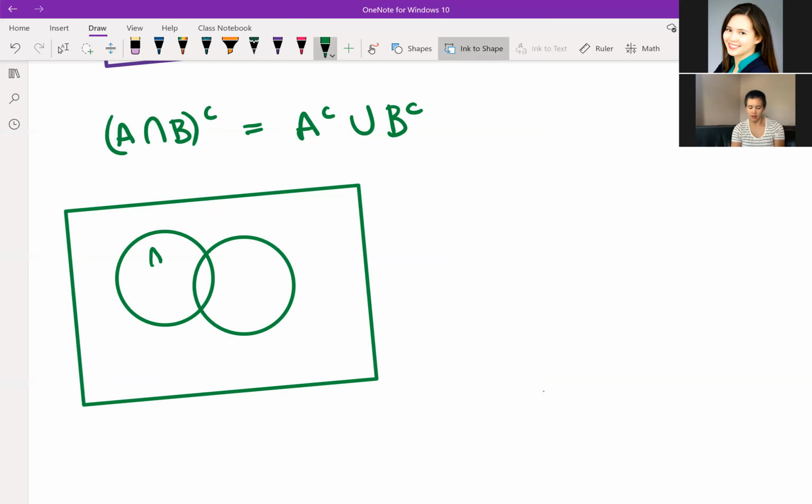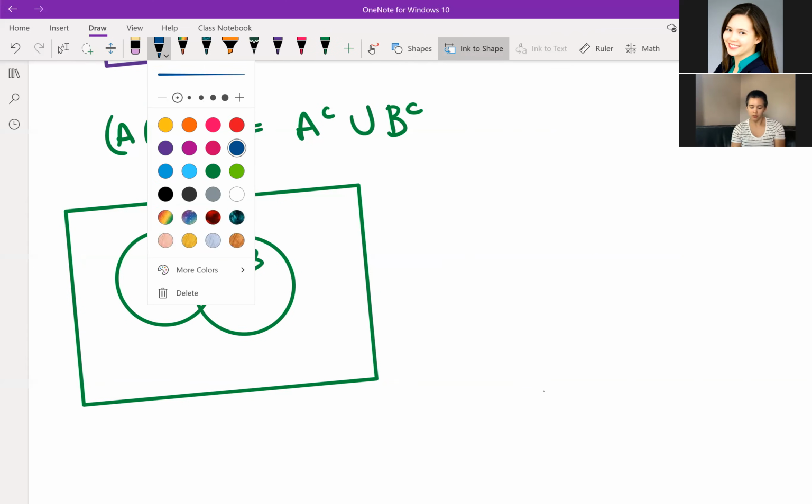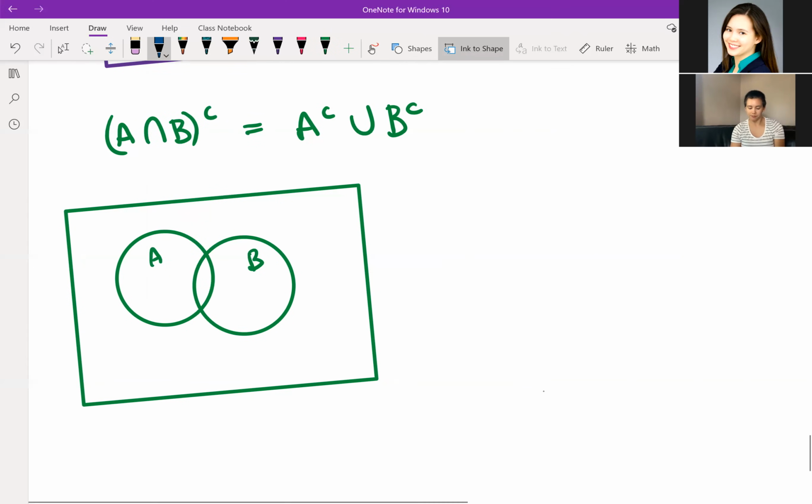So here's A, here's B. Let's start with A intersect B complement. We know that A intersect B, we'll draw this with really tiny lines. We know that A intersect B is this part right here. And we want the complement of that. So we want everything in this green rectangle that is not shaded with blue.